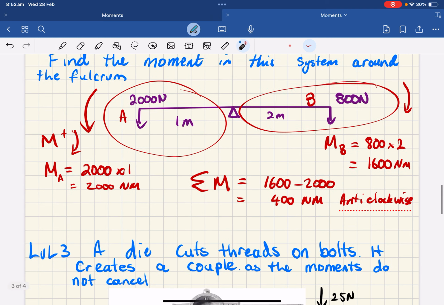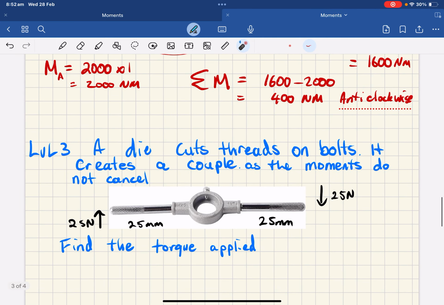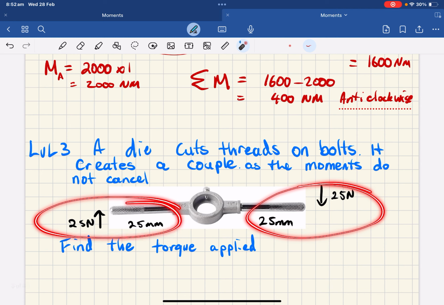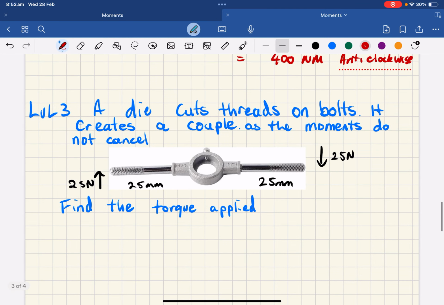Die cutters. So this one is an interesting one. We've got this bit here, we've got this bit here, and we want to find the torque. So this is what we call a couple, where we've got two moments acting together.